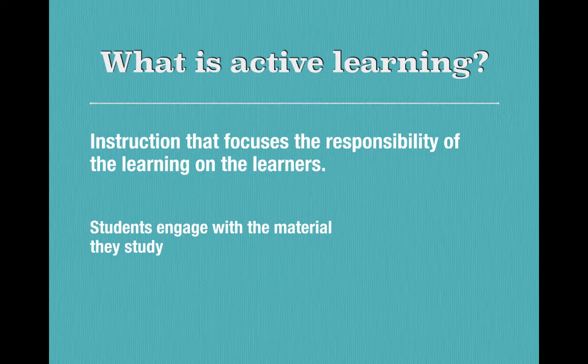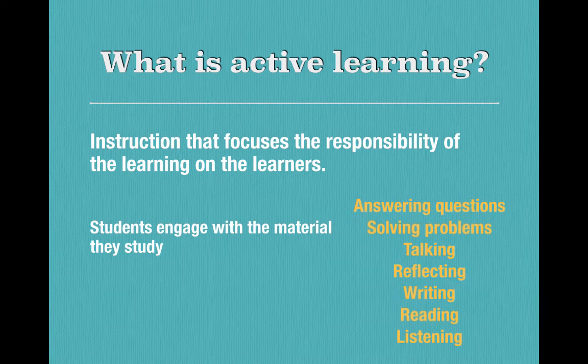So active learning involves things such as answering questions and solving problems, talking, reflecting, writing, and it can even include activities such as reading, so long as students choose what to read or read while searching for specific information of interest or while thinking of questions or themes that the reading raises.